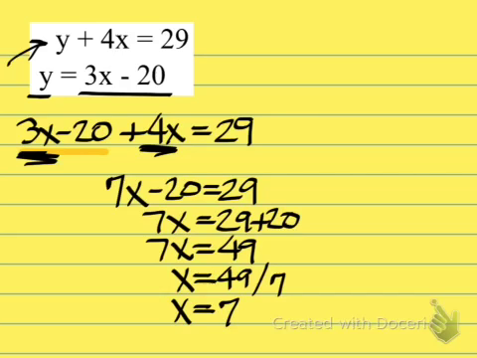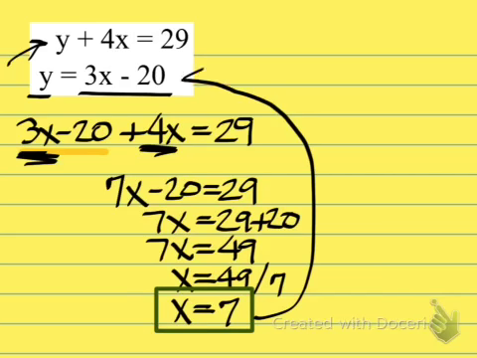Don't stop there because that's not the last answer. You still have to solve for y. You can plug this solution for 7 in for x in that bottom equation. So y equals 3x minus 20. So we're going to write 3, and instead of x, we're going to put 7.